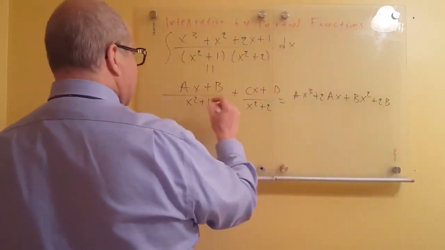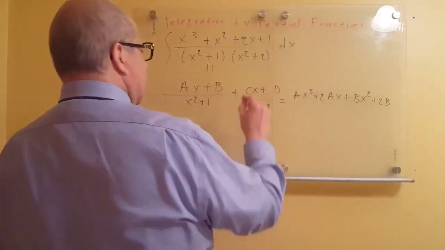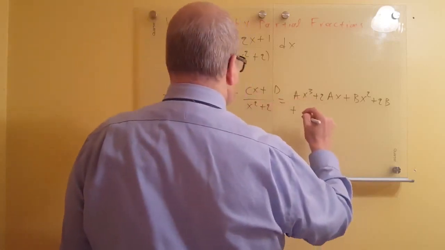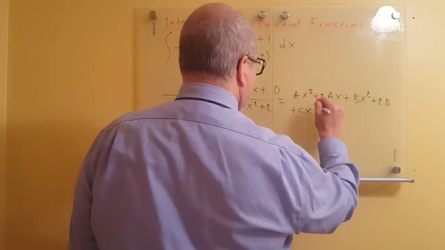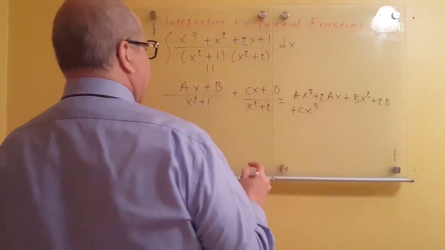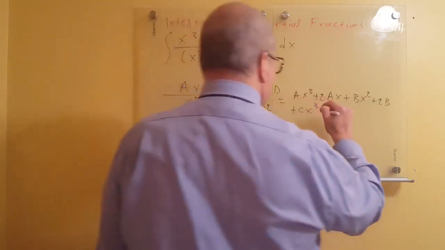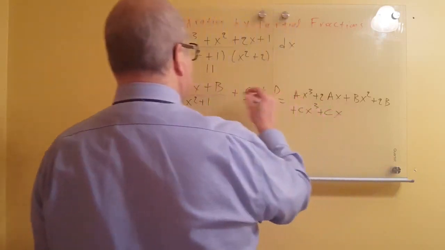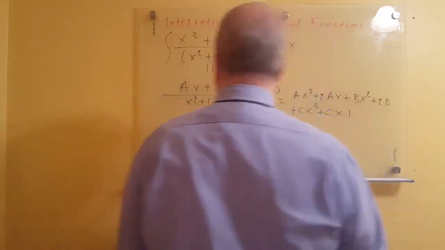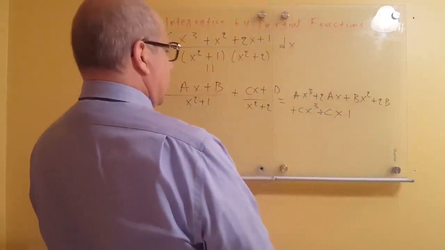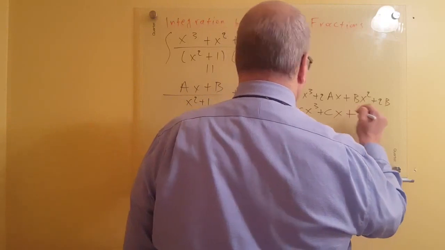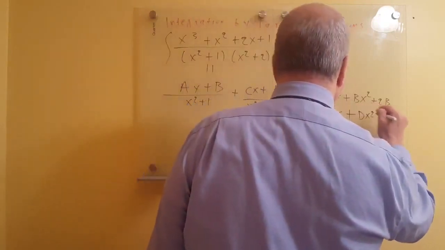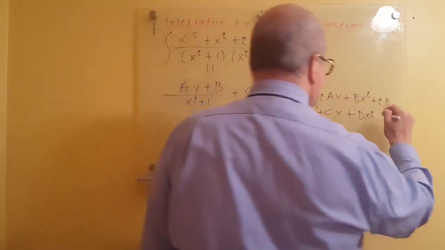Now we multiply the x squared plus 1 times the cx plus d. So that should be cx times x squared, plus cx to the third. And cx times 1 is plus cx. Now we have d times x squared, which is dx squared. And d times 1 is plus d.